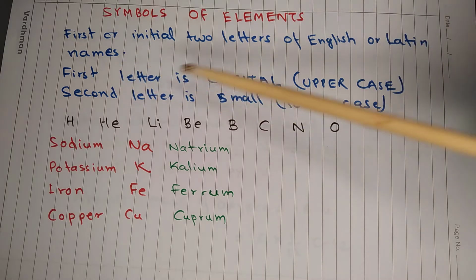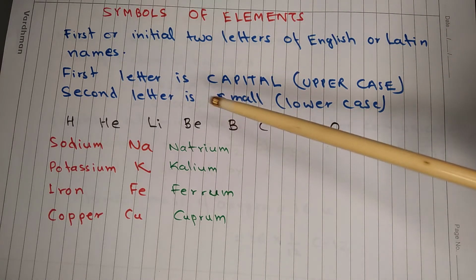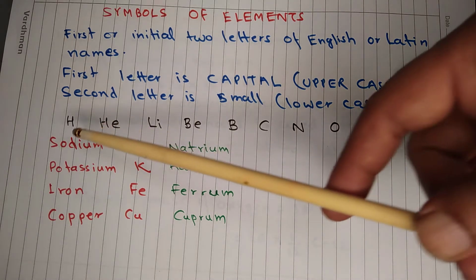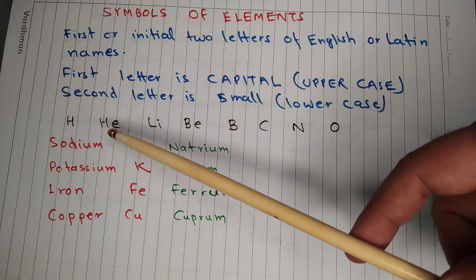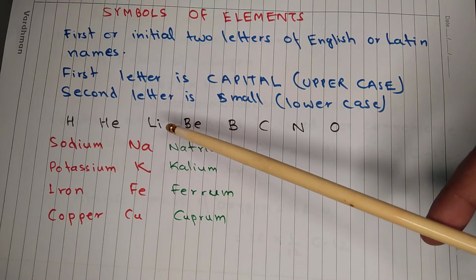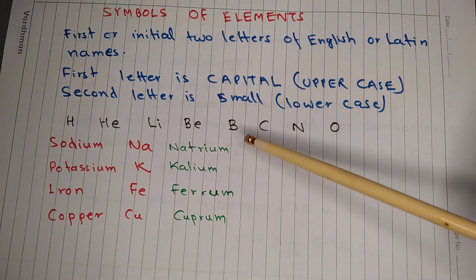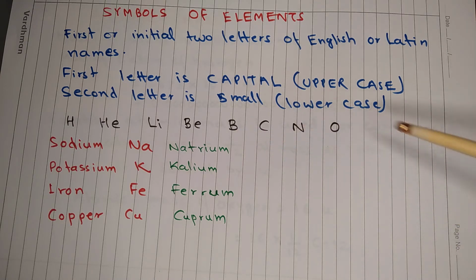The first letter is always in uppercase, and the second letter is always in lowercase. Here are some examples. For hydrogen it is H, helium is He, lithium Li, beryllium Be, boron B, carbon C, nitrogen N, and oxygen O. So these are all English names.